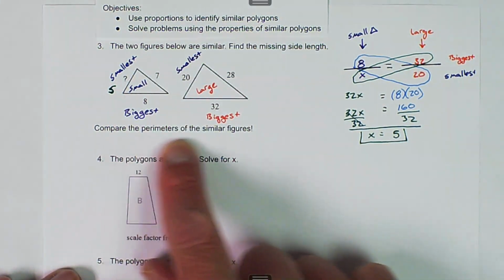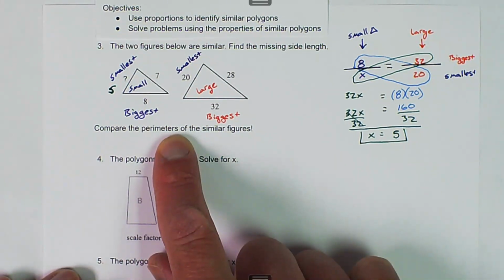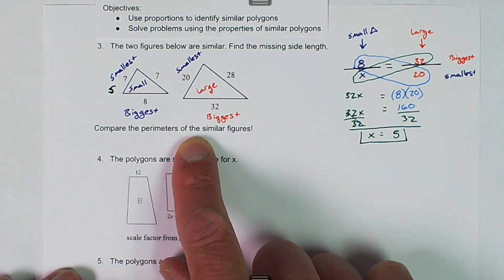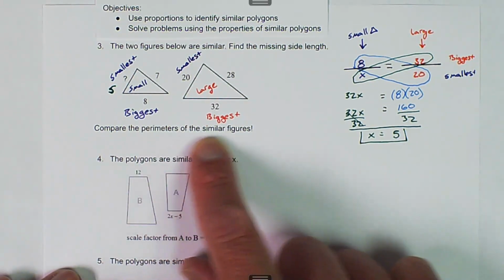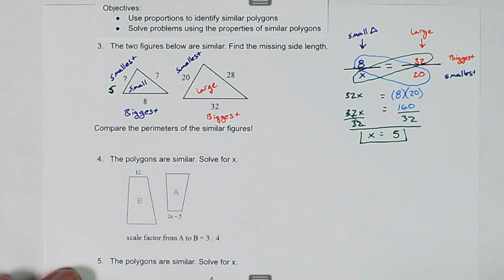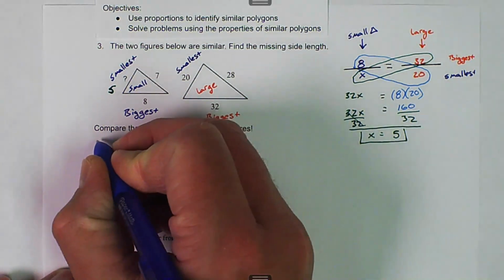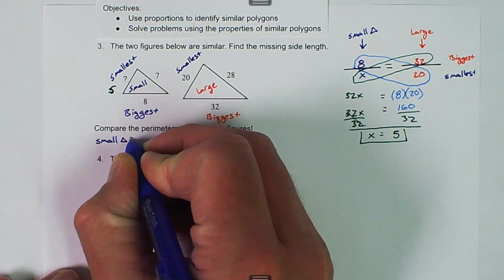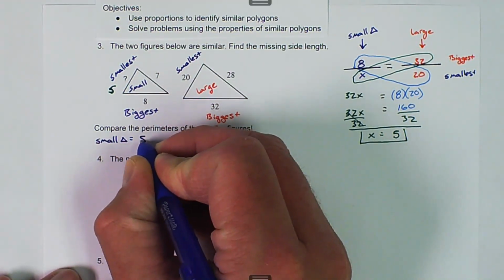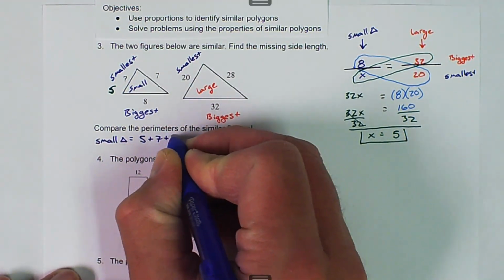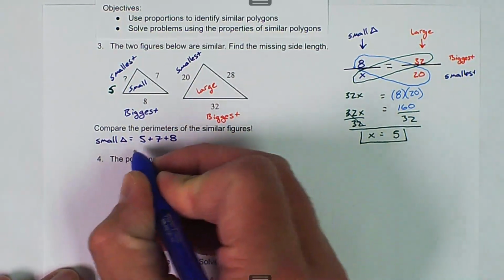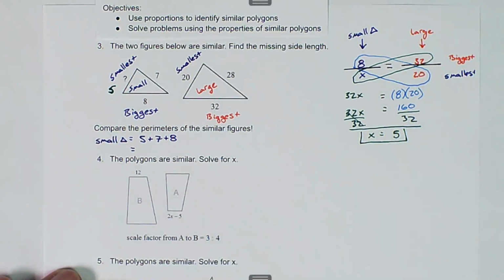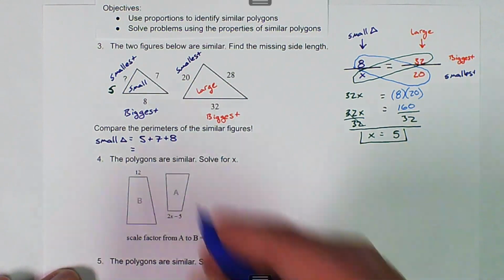The next one says compare the perimeters of the similar figures. So the perimeters are just adding them together. So the perimeter of the small triangle is equal to 5 plus 7 plus 8, which is equal to 20.